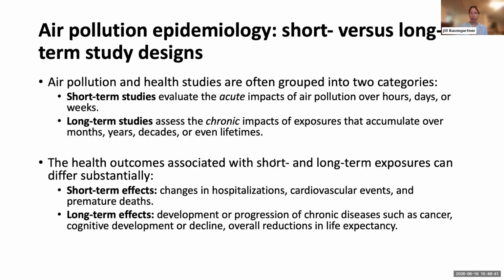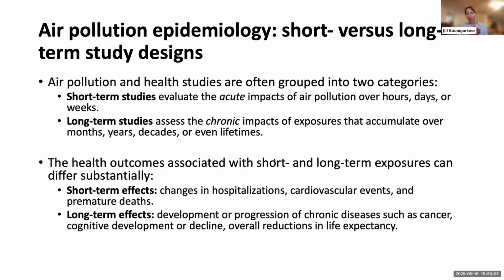And the health outcomes that we tend to study with these different types of study designs also vary substantially. If we're thinking about short-term effects, we're looking at things like changes in hospitalizations or cardiovascular events or premature deaths or mortality, something that can be evaluated on a daily basis or a shorter term basis.